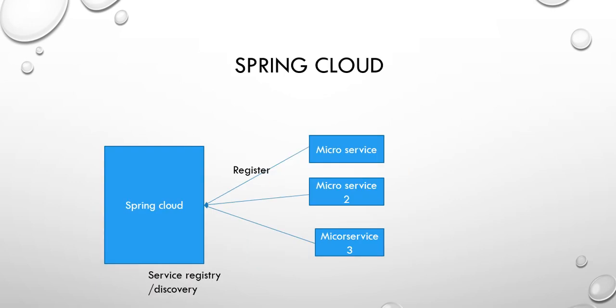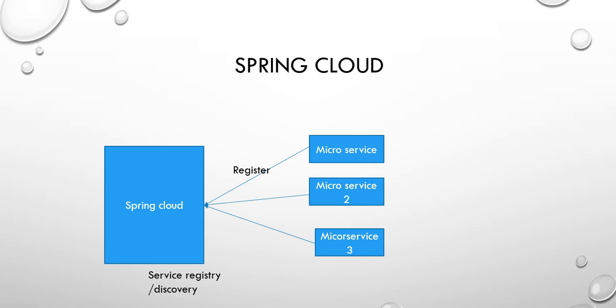So Spring provides us Spring Cloud, which gives us a provision to register a microservice. When we want to communicate with a microservice, Spring Cloud looks at the service registry, discovers that microservice, and calls that respective web service.